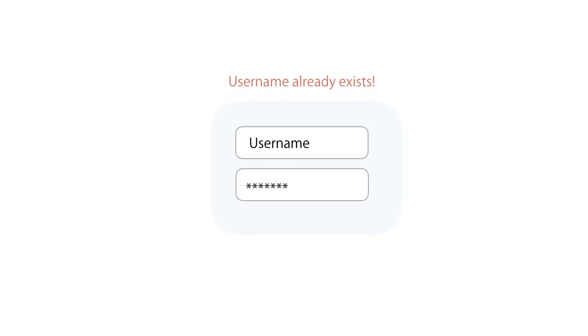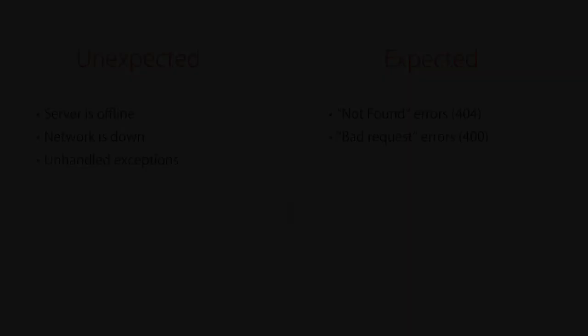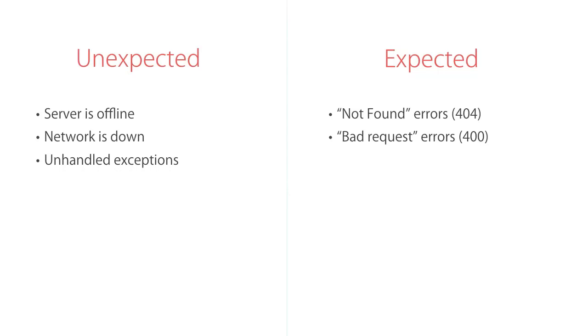So the server is going to tell the client that, hey, there is an account with the same username. So this is an example of an expected error. So if there is a problem with the data that the client sends to the server, it is going to respond with bad request, okay? So we need to change our implementation and handle unexpected and expected errors properly. And that's what I'm going to show you next.